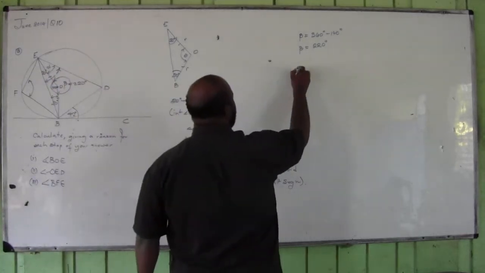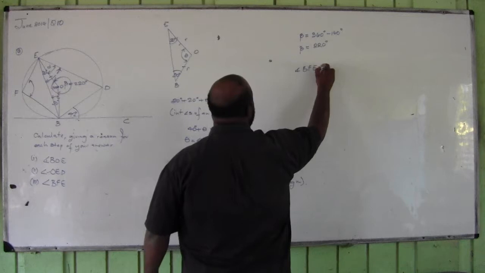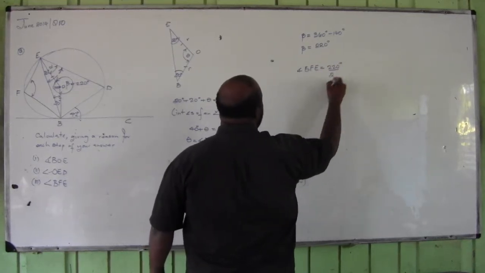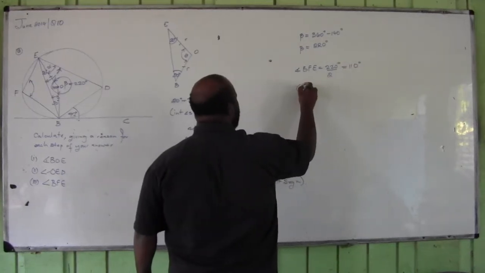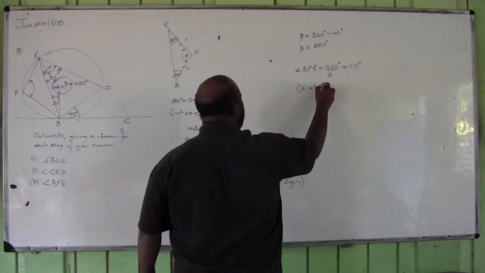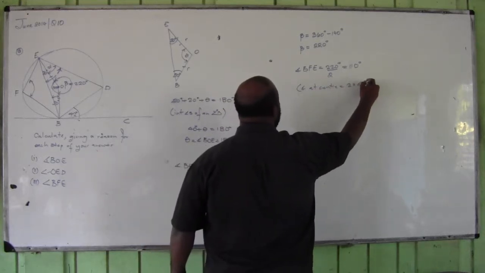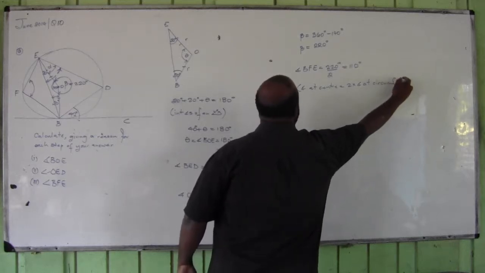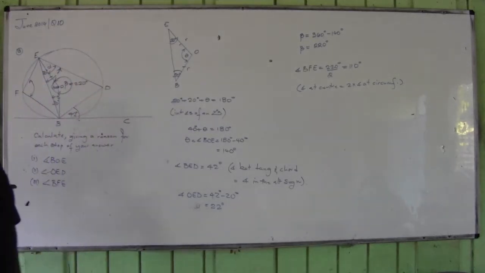Angle BFE is equal to 220 divided by 2, which is 110 degrees. What is the reason? The angle at the center is equal to 2 times the angle at the circumference.